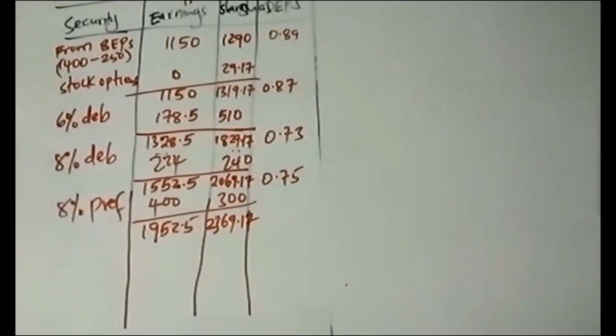So you divide the two and get 0.81, not 0.18, 0.81.